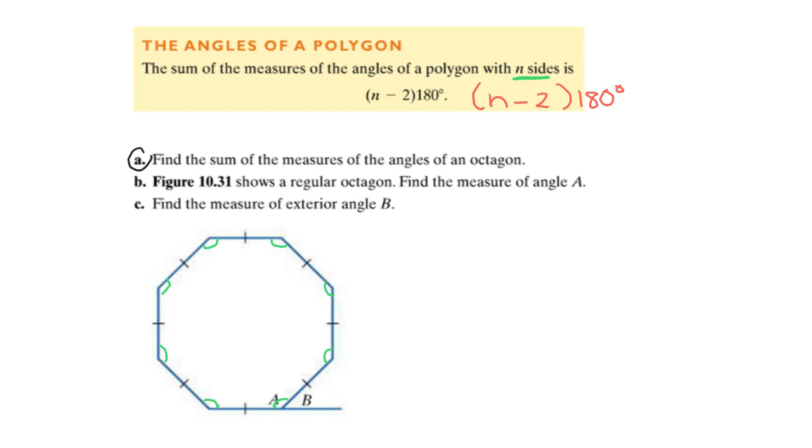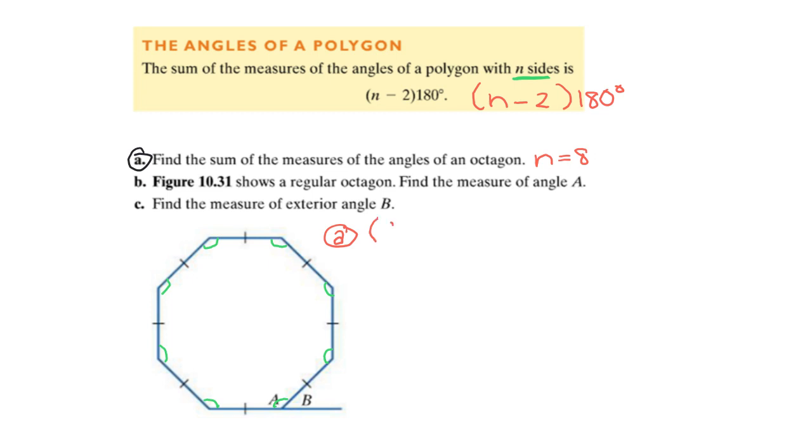A says to find the sum of the measures of the angles of the octagon. So the octagon has 8 sides, and if you're not sure, you can count all of these sides. So knowing that there are 8 sides, we're going to find the sum of all the angles.